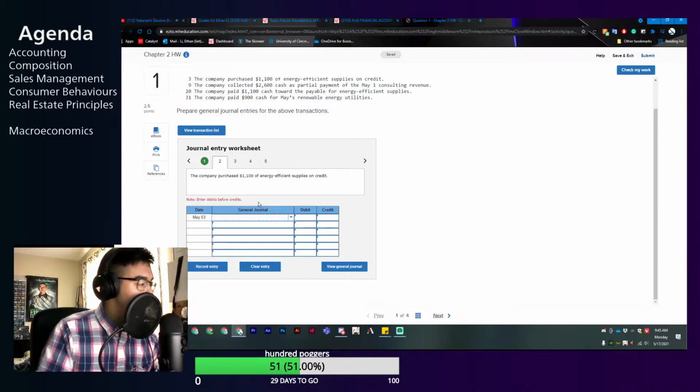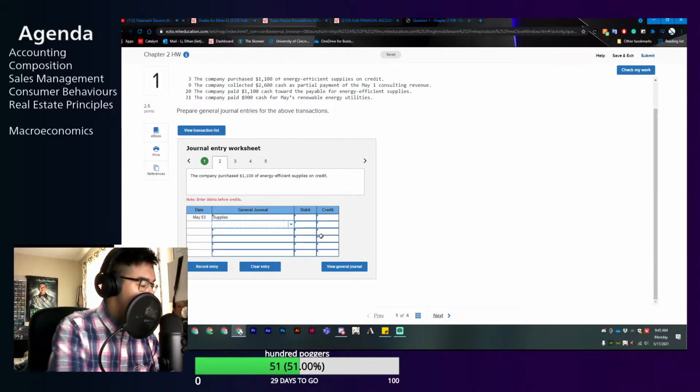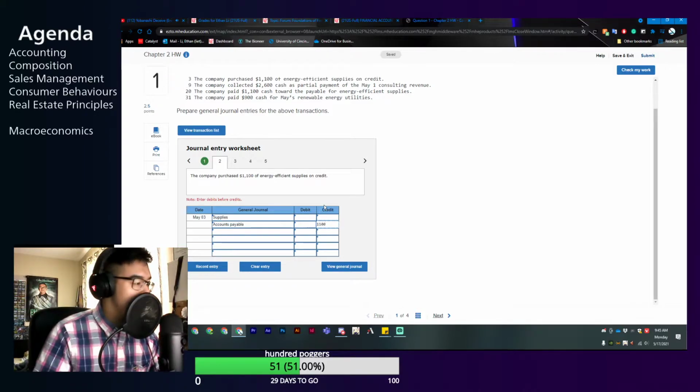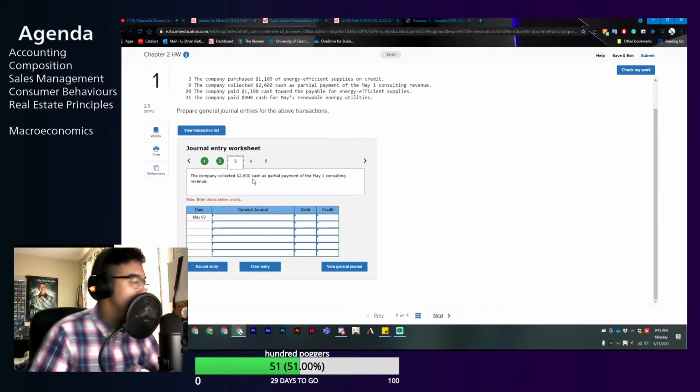Company purchased 1.1K of supplies. So this is accounts payable. Credit 1100, debit 1100. Let's see. Collected cash. So we do know this is cash. And then as partial payment, consulting revenue.